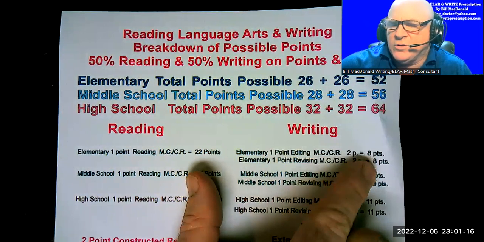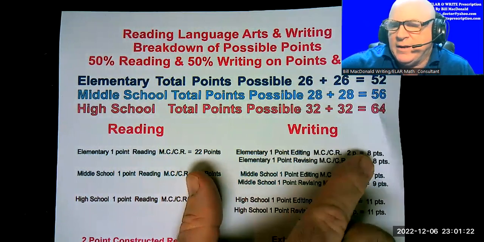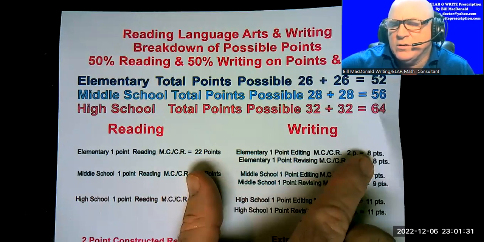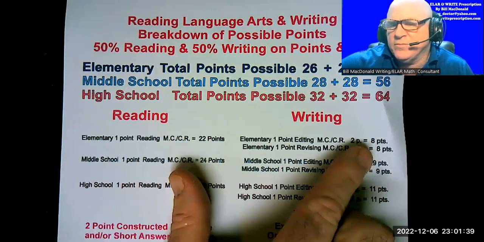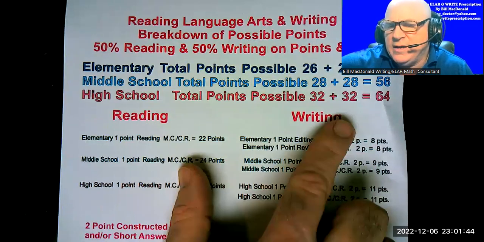They've already told us that there would be two passages. So if they're going to be smart, it'll be 8 and 8, or it could possibly be 10 and 6 or 9 and 7, as long as there's any combination that adds up to about 16 points, because that's half of the test. For middle school, you have 9 and 9, because 28 minus 10 is 18.